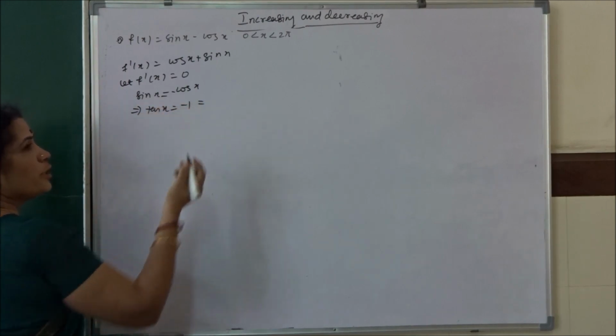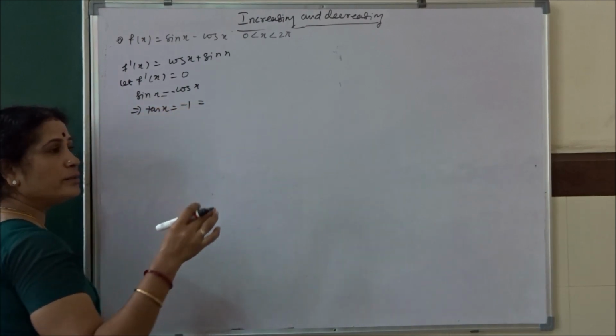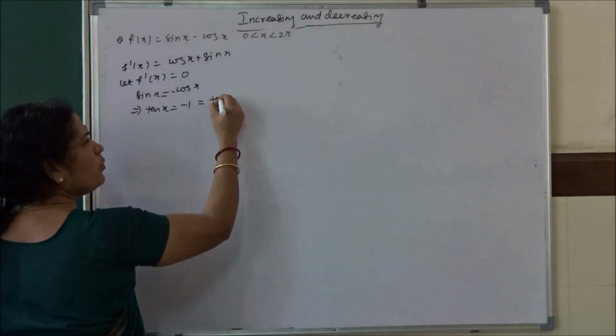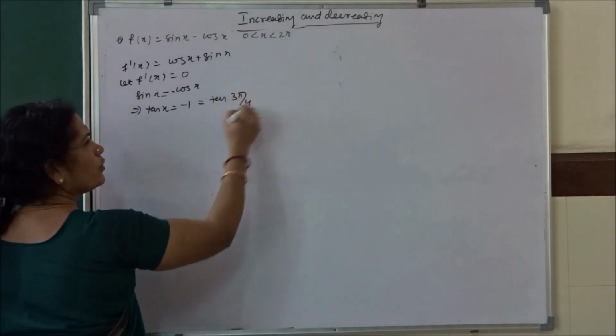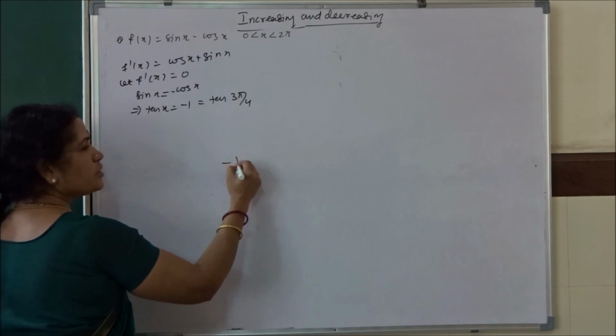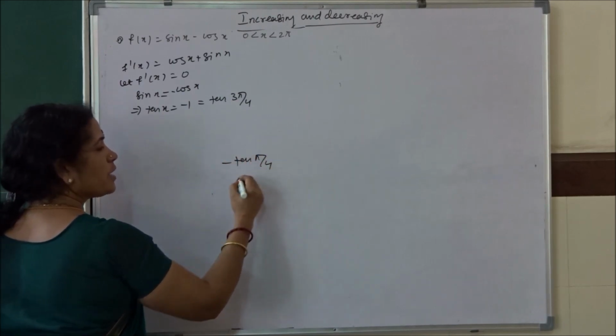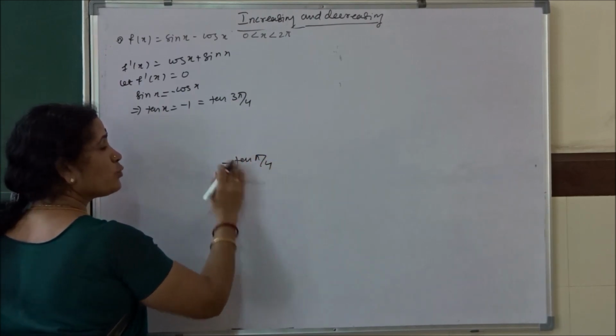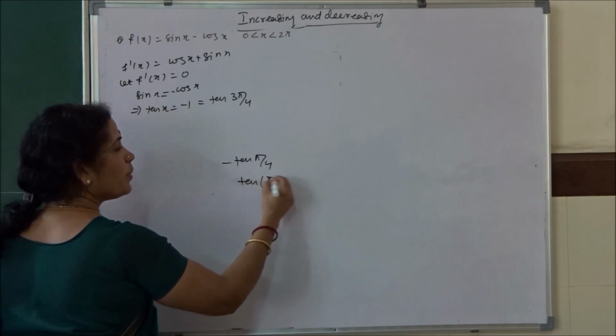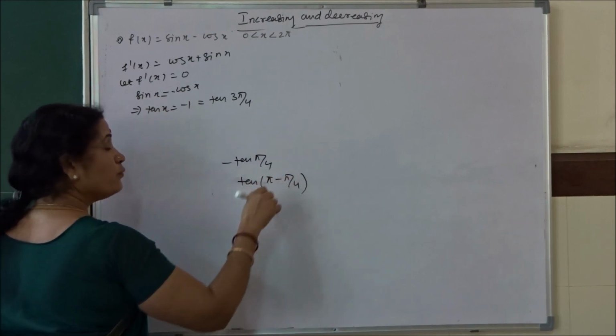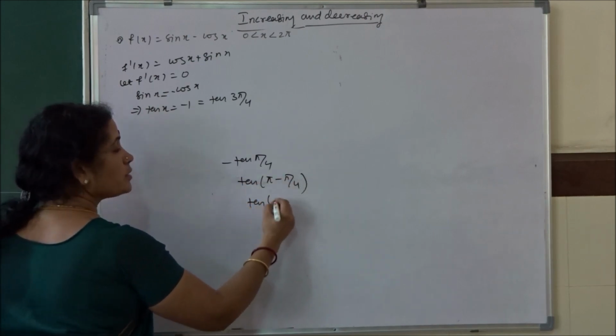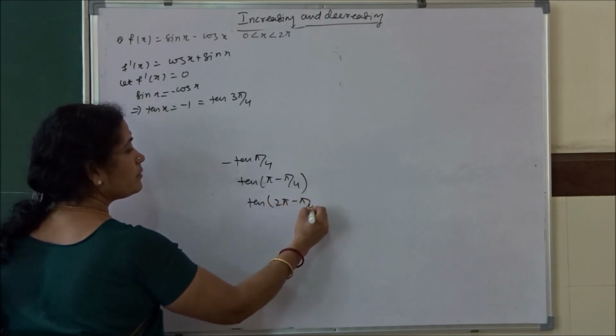Minus 1, which quadrant? You know, second quadrant and then fourth quadrant. So you know how to write 3 pi by 4. This can be written as minus tan pi by 4, and then this can be written as tan of pi minus pi by 4 in the second quadrant, and then in the fourth quadrant tan of 2 pi minus pi by 4. Like this we are finding.